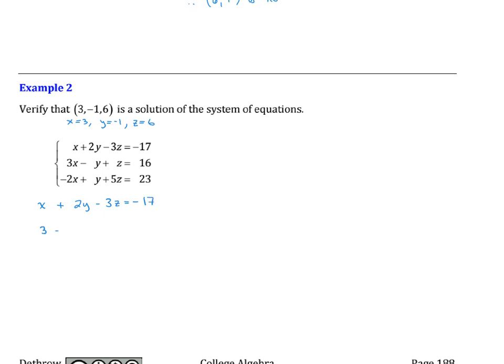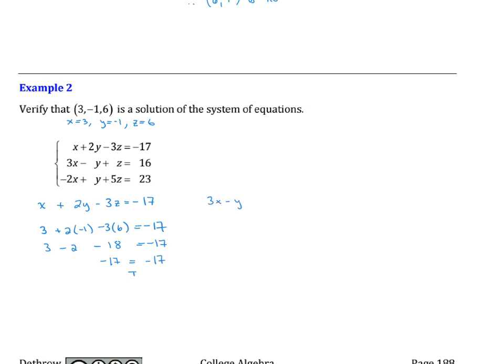We have 3 plus 2 times negative 1 minus 3 times 6 equals negative 17. This would be 3 minus 2 minus 18 equals negative 17, which is negative 17 equals negative 17. That's true. Let's try our next equation.